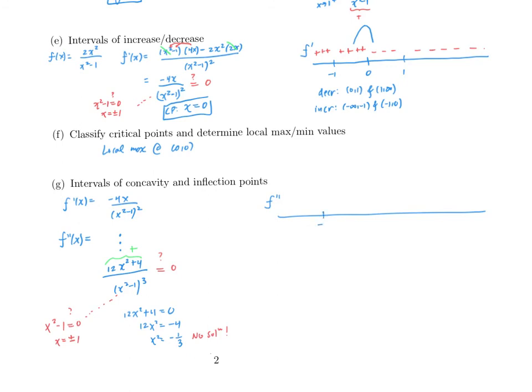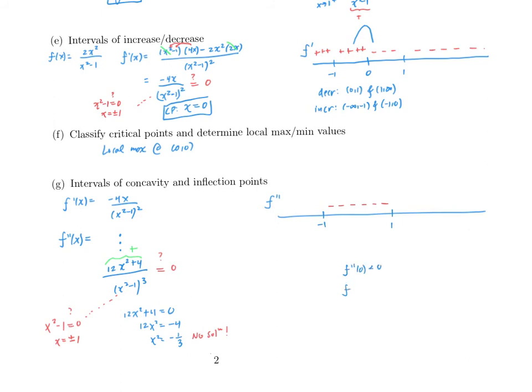So if we think minus 1, 1. If we substitute in a couple quantities, if you look at f double prime of 0, that will be a negative quantity. So f double prime is negative between minus 1 and 1.